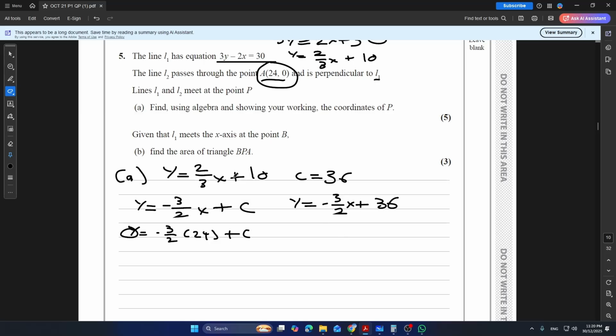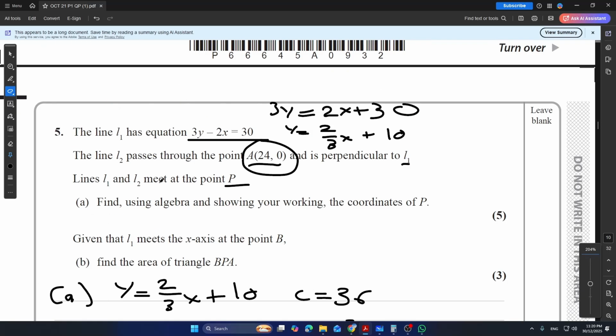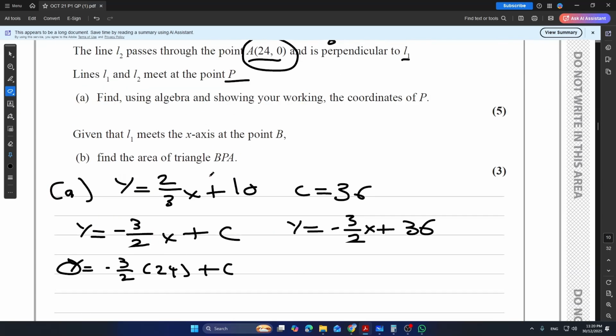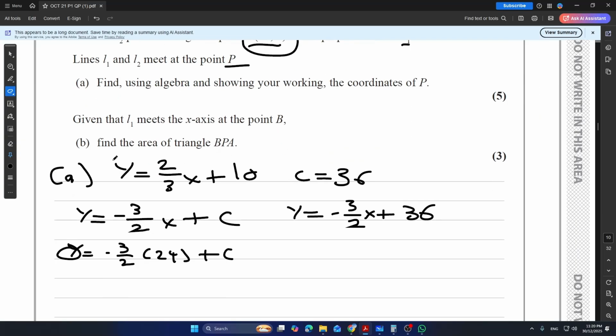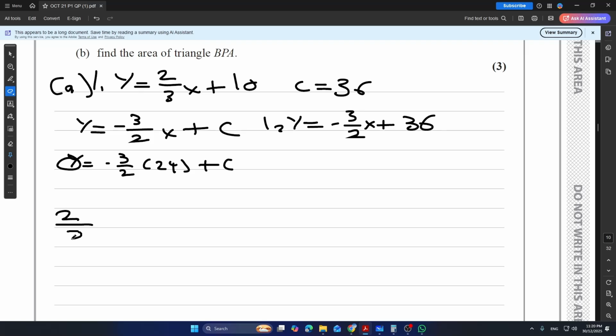Now we have to find point P where they both intersect. So what I'm going to do is equate the two lines, L1 and this is L2. So I'm going to make them both equal. So I'm going to write 2 over 3 x plus 10 is equal to the other line, which is this one, minus 3 over 2 x plus 36.